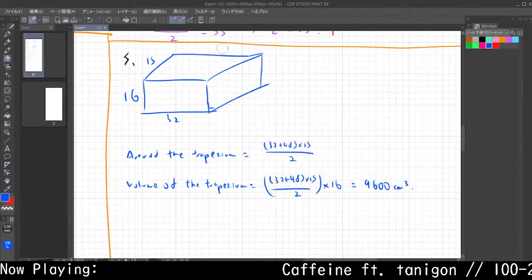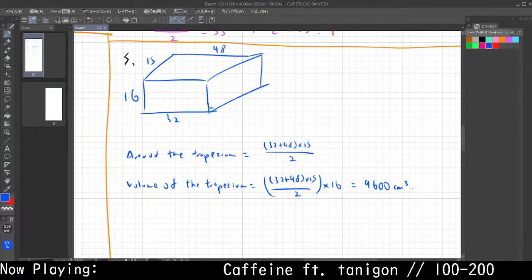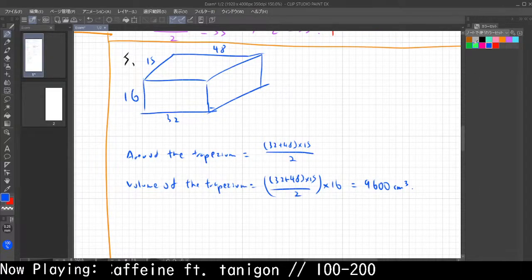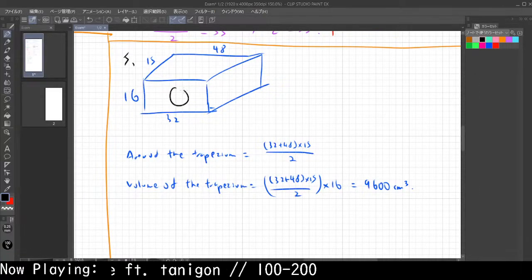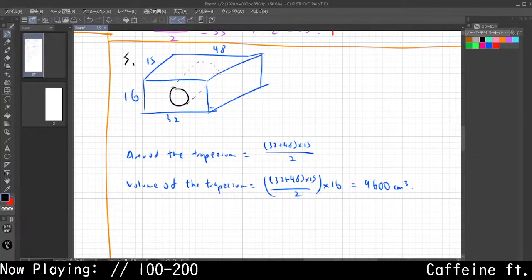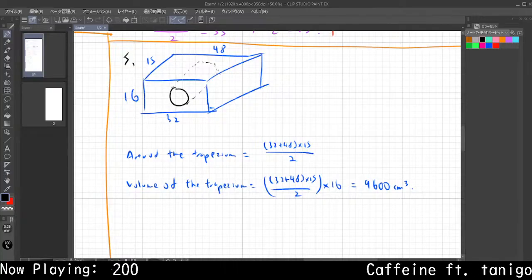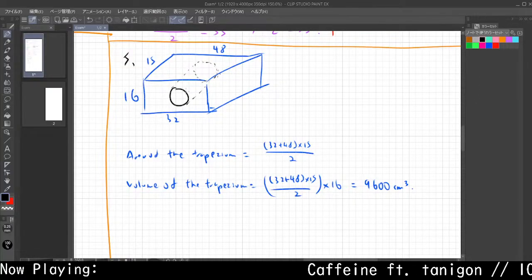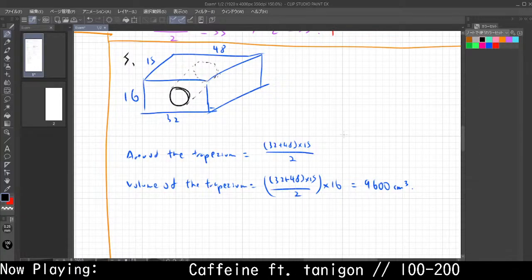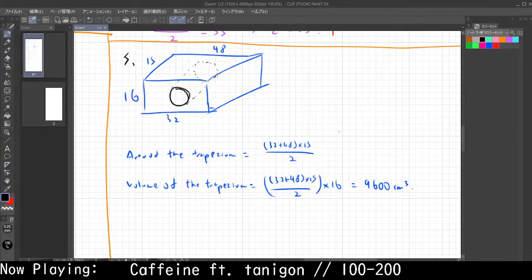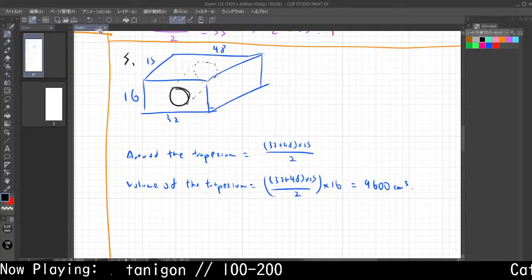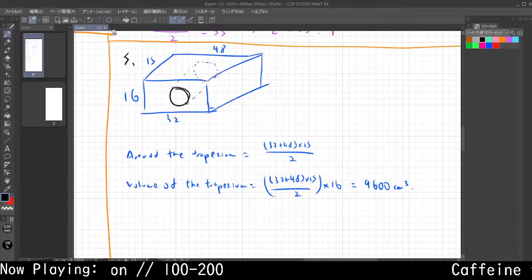Next, you have a cylinder in the middle like this. Your cylinder in the middle needs to be carved out, and it tells you that a cylinder of diameter 14 cm and height 15 cm is taken out from the solid as shown.